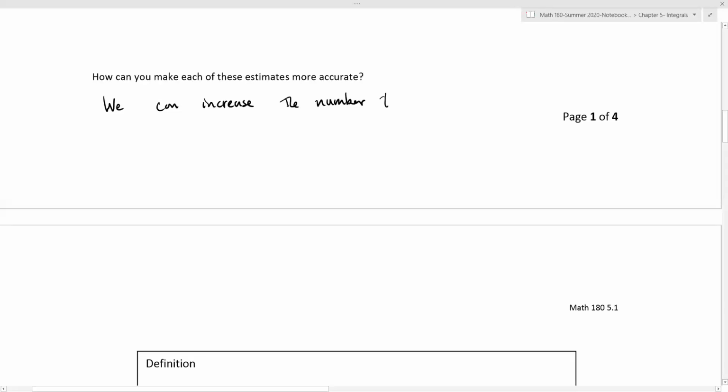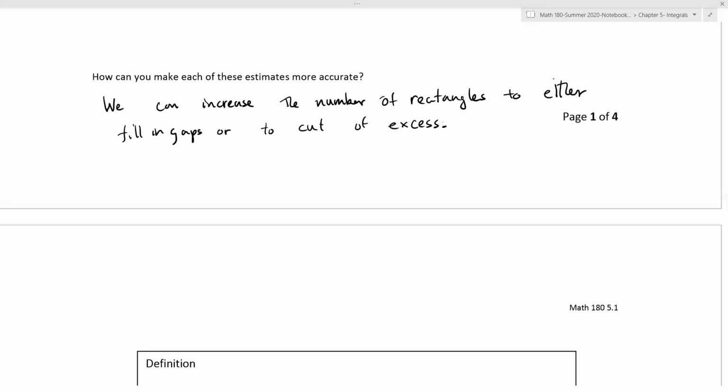We can increase the number of rectangles to either fill in gaps in the case of an underestimate, or to cut off excess. You can cut off the excess pieces by adding more rectangles, or fill in the gaps by adding more rectangles.